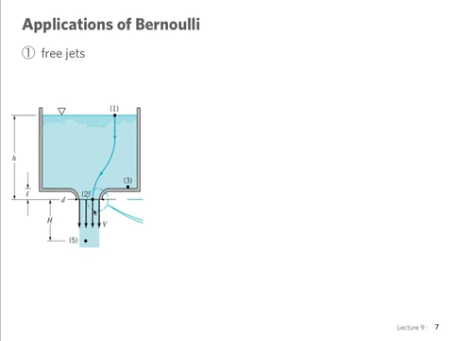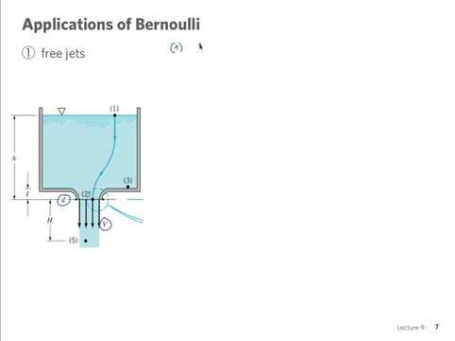Well, first of all, we're going to get the velocity v at this point here. So there's a jet of liquid of diameter d flowing from this opening with a velocity v. So we have a point 1 at the surface and a point 2 at the jet.